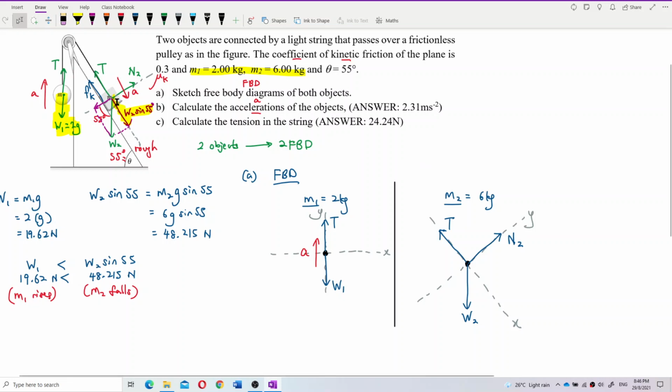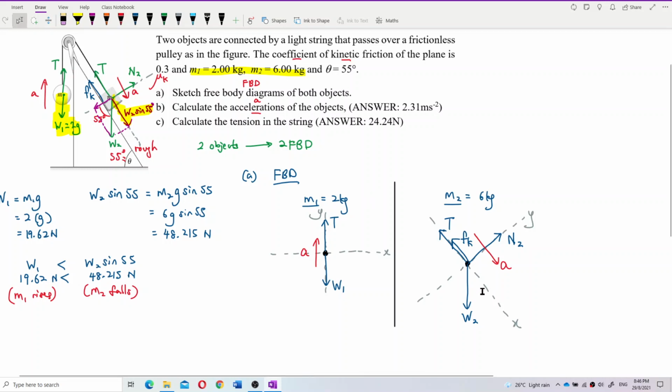Because this block is going down, friction is going up this way. This is the direction of kinetic friction. And then acceleration is going down this way.